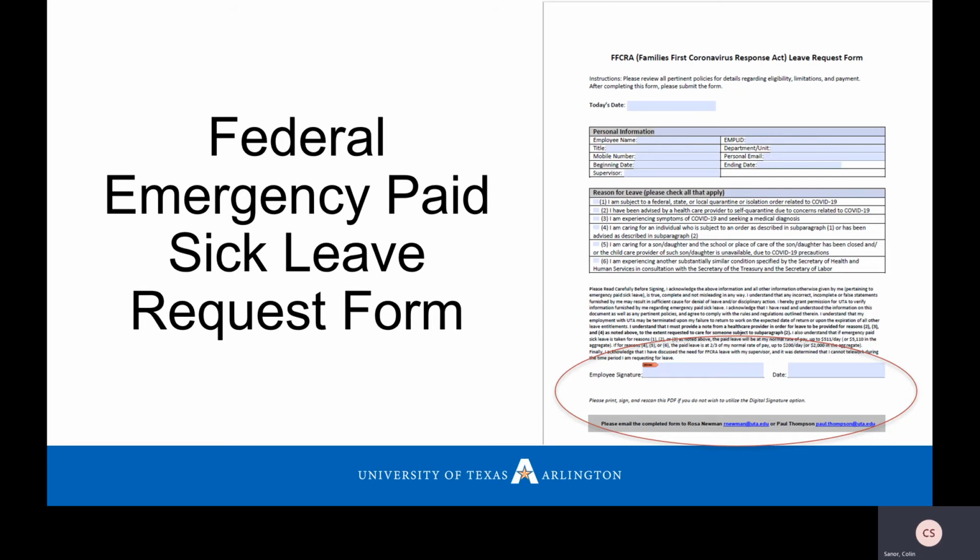This assures Human Resources that there is not a telework option available in this particular situation. You are also provided with instruction on where to email your form and the backup documentation. The supervisor will not have a say in the approval of FFCRA leave. That is at the discretion of the Office of Human Resources.